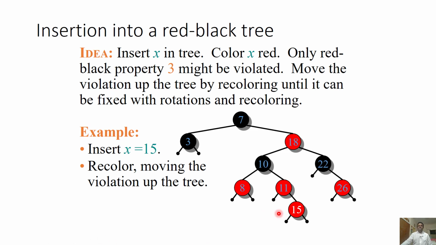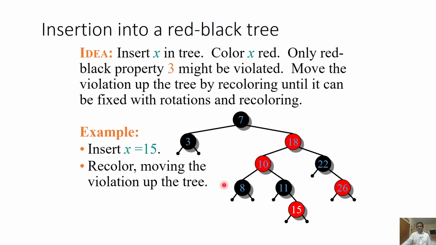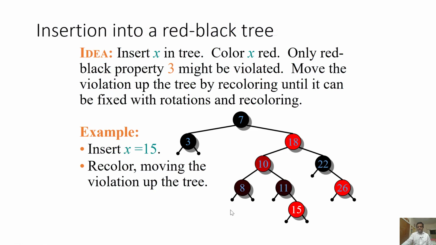Now first we will try to recolor it, and we want to see whether by only recoloring we can manage this. So, how to recolor it? These two nodes were red, okay. So, we make them black and we make this one red.